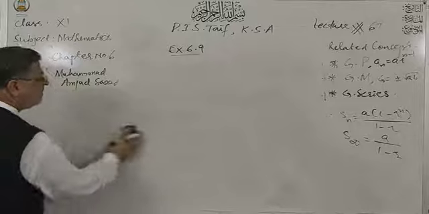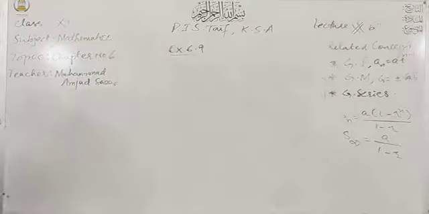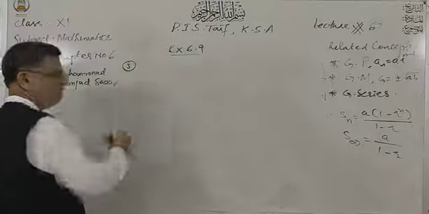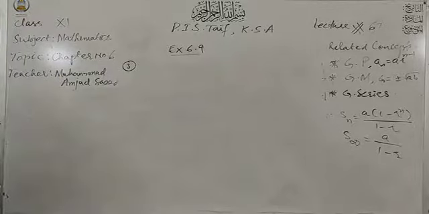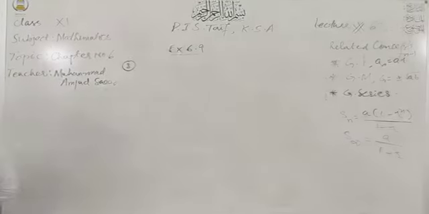Here we have question number 3. Dear students, the population of a certain village is 62500.